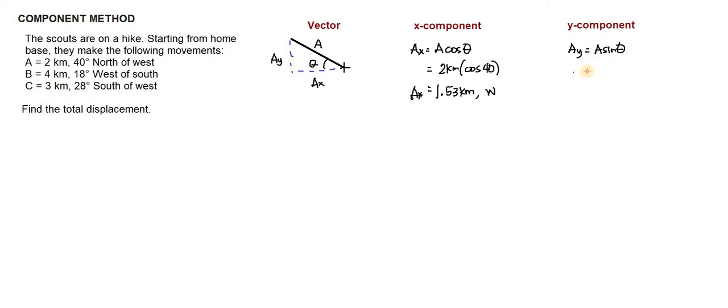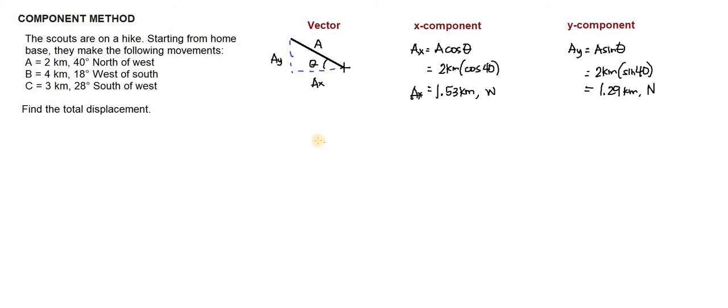Okay, that will be equal to 2 kilometers sine of 40, and that will be equal to 1.29 kilometers. Okay, and the direction is north. Okay, if you have this given, usually yan na rin naman yung component. One is west and then the north. Okay, so walang question dyan.